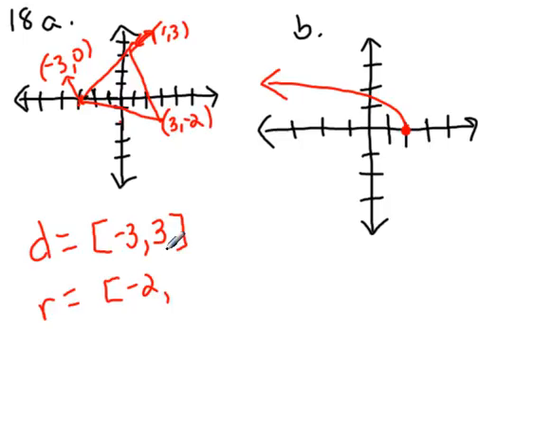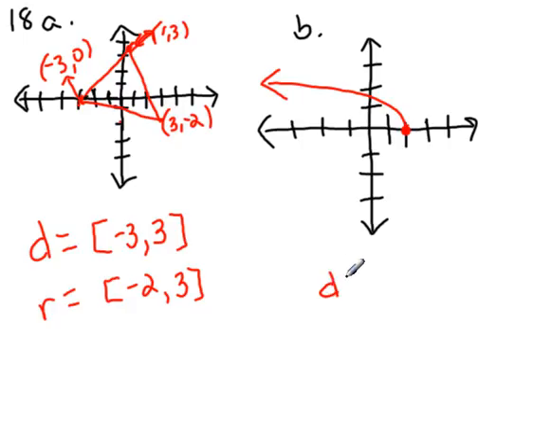So my range starts at -2, and then I have to see how high up my graph or on my y-axis I go, and my uppermost y value for this graph would be at that point right there, and that y value is 3, so 3 is the end of that range. So that's using interval notation. My domain goes from -3 to +3, including those endpoints, which is indicated by the bracket, and my range is -2 to +3. Again, both endpoints are included here and here, so the brackets indicate the endpoints are included.